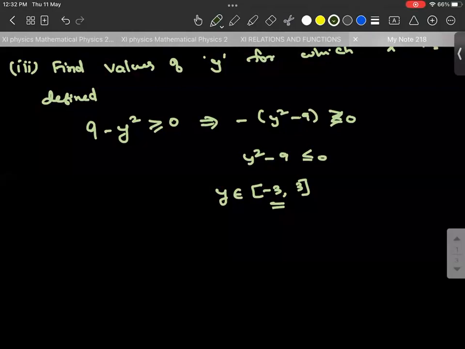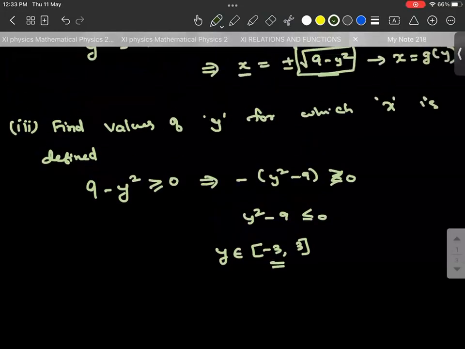Check your textbook at the back of the book. Sir, it's 0 to 3. That's what I told you. It will be 0 to 3.